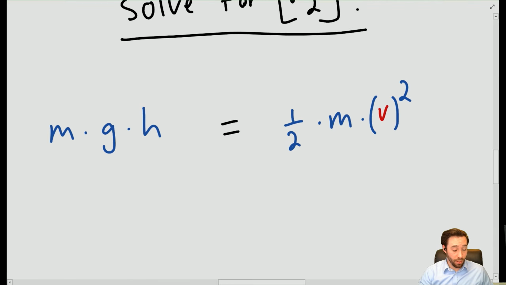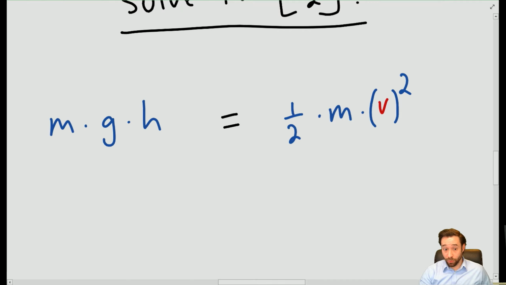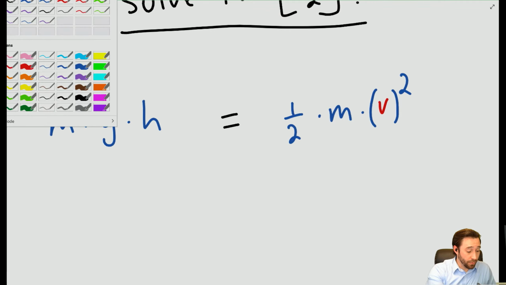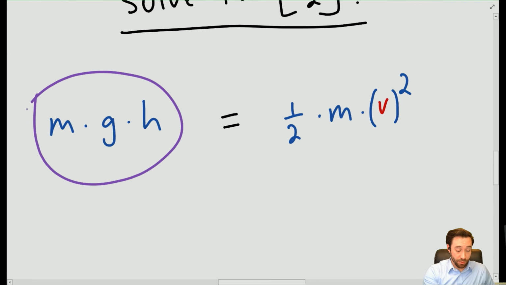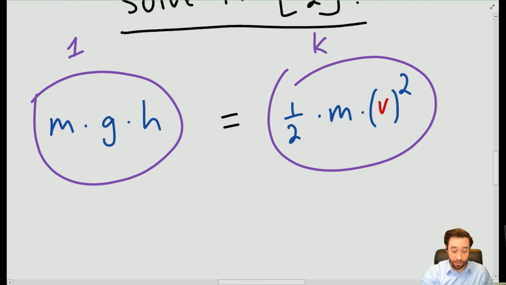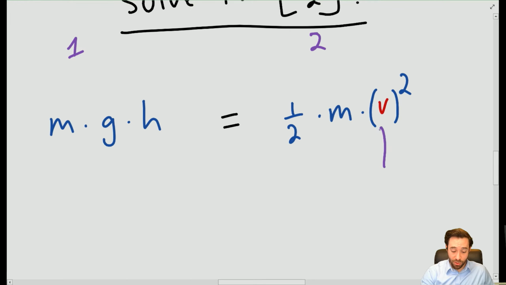This is where we get our answers. This is my gravitational at state 1, and this is my kinetic at state 2. And I know that I'm solving for the velocity at state 2.